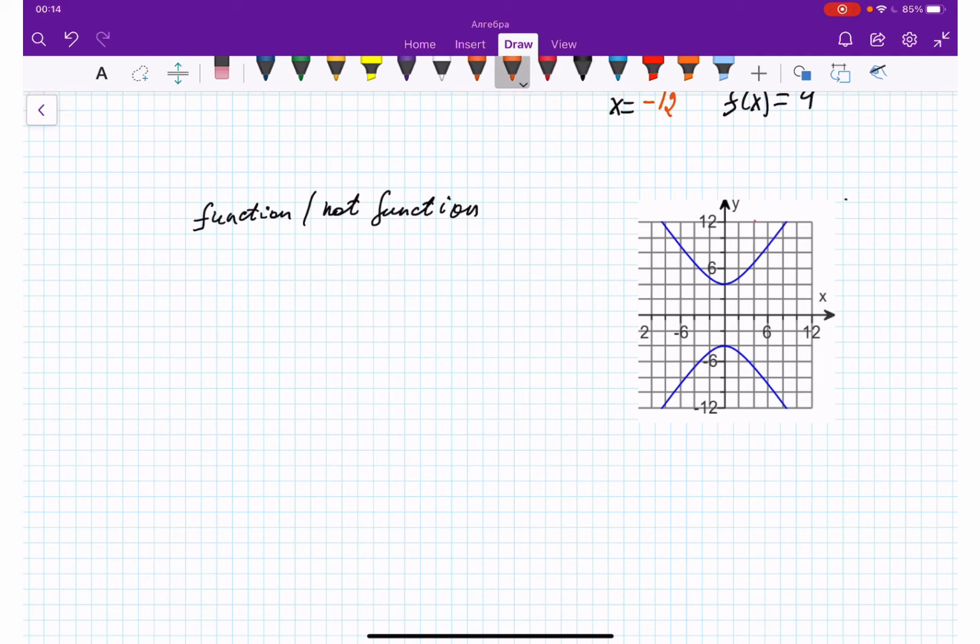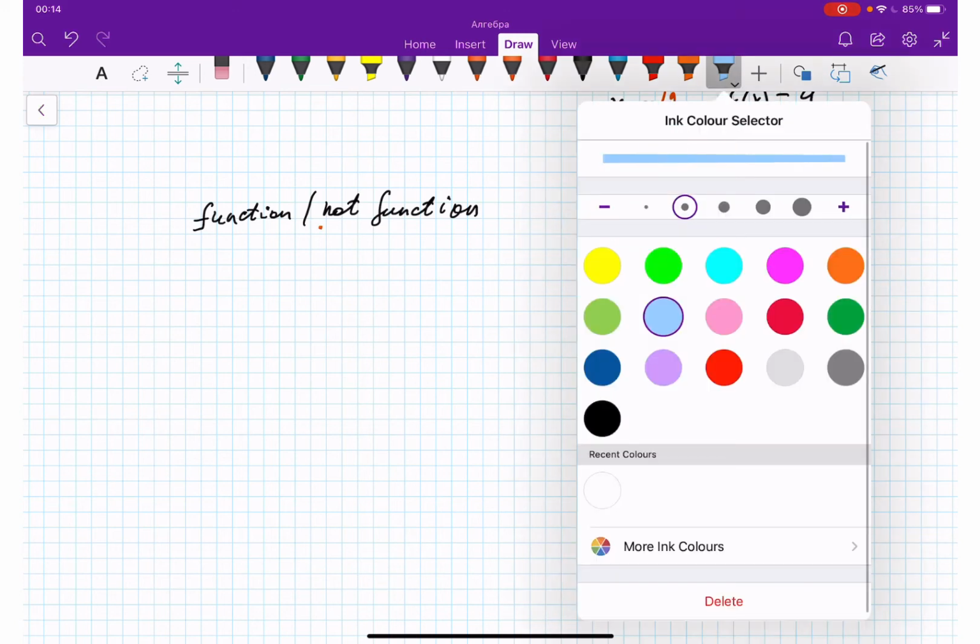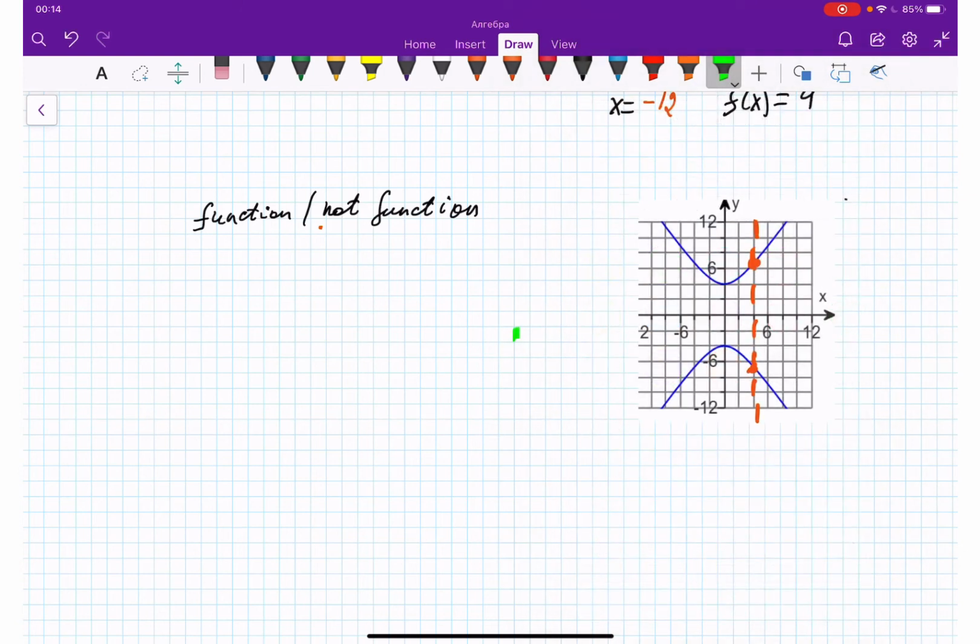We draw a vertical line. Let's take a thicker one. This is what we call the vertical line test. If the vertical line crosses the graph in more than 1 point, well, in this case we have 2 points, then this graph is not a function. And it's going to be this answer. It is not a function.